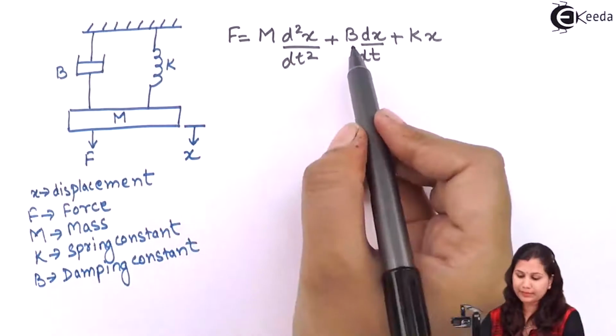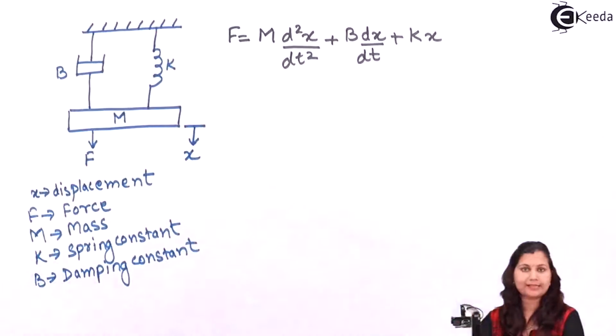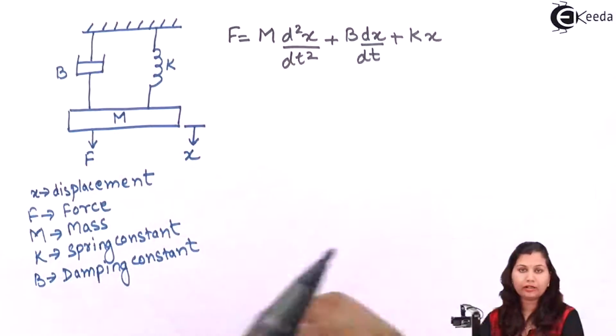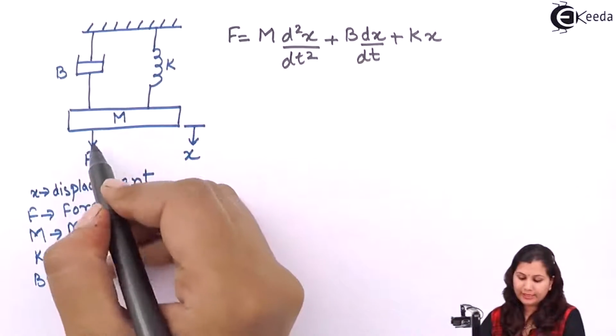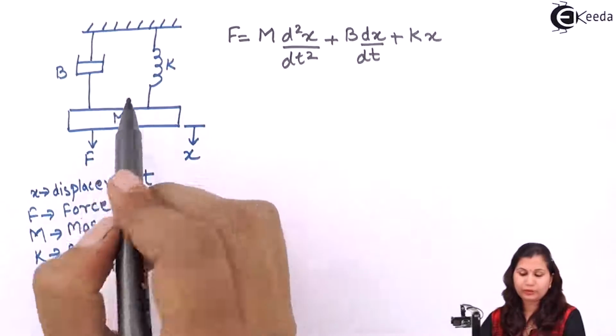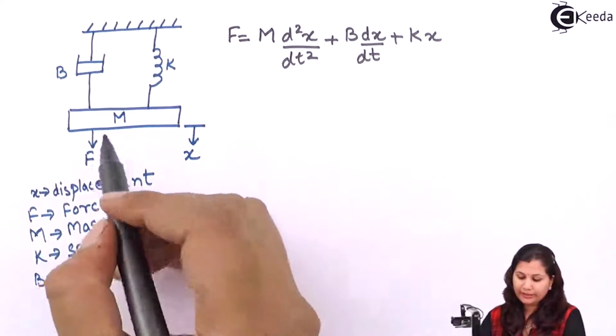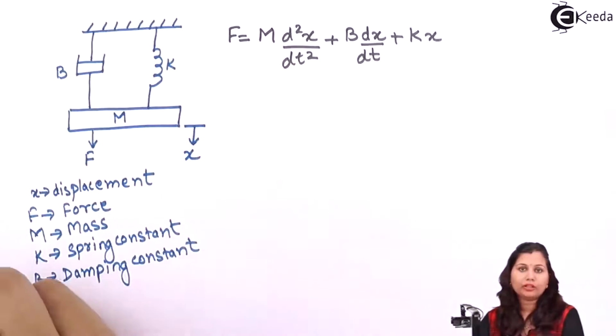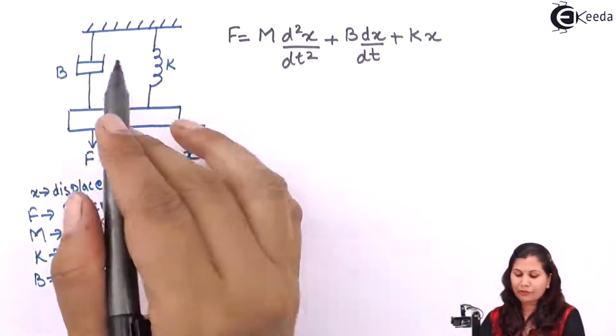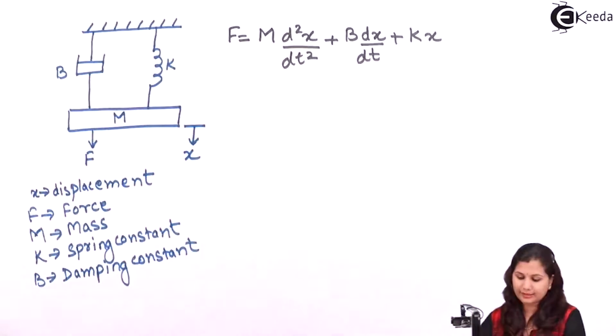M is the mass, b is the damping constant and k is the spring constant, F is the force. Because this external force will be equal to the algebraic sum of the resisting forces. So this is the mathematical representation of a mechanical translational system.